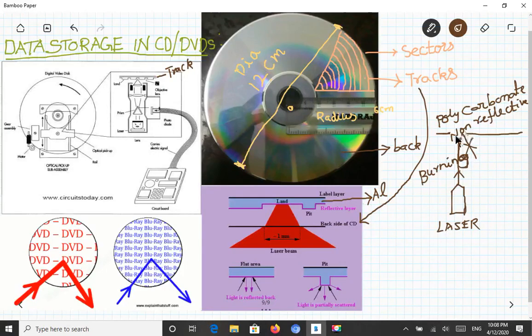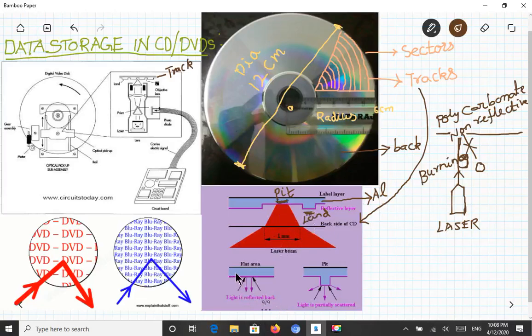This non-reflective layer will be considered as zero, which we call a pit. They had actually inverted the land and pit. This will be called a pit, where it is non-reflective, and this will be called a land, where it will be reflected back, but it has been inverted here.